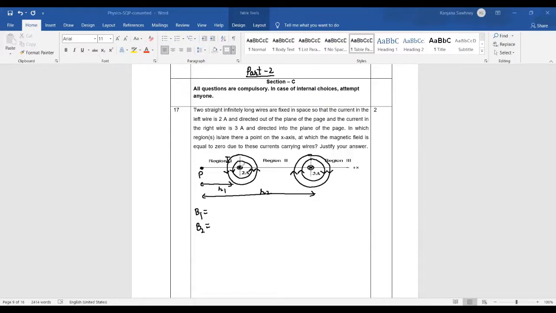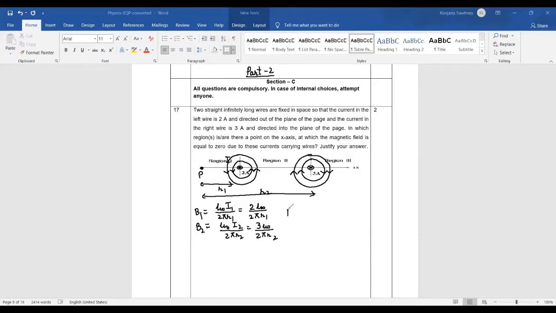Now, due to an infinitely long current carrying wire, we know that the magnetic field is mu naught I upon 2 pi r. Due to the 2 ampere wire, B1 is mu naught I1 upon 2 pi R1, where I1 is 2 ampere, so 2 mu naught upon 2 pi R1. Whereas B2, due to the 3 ampere wire with I2, is mu naught I2 upon 2 pi R2, where I2 is 3 ampere, so 3 mu naught upon 2 pi R2.